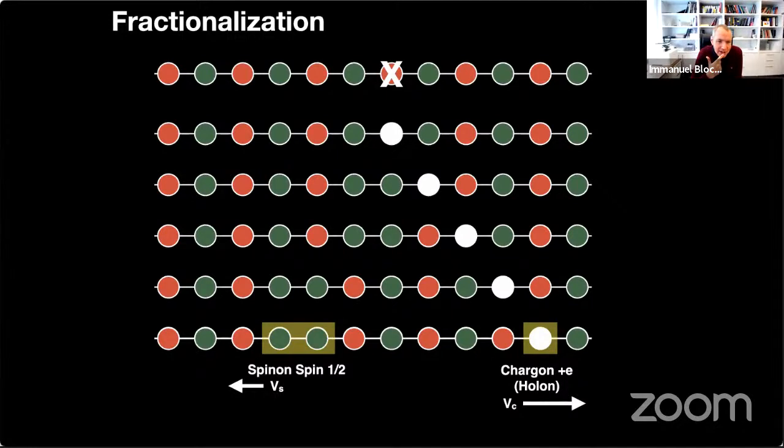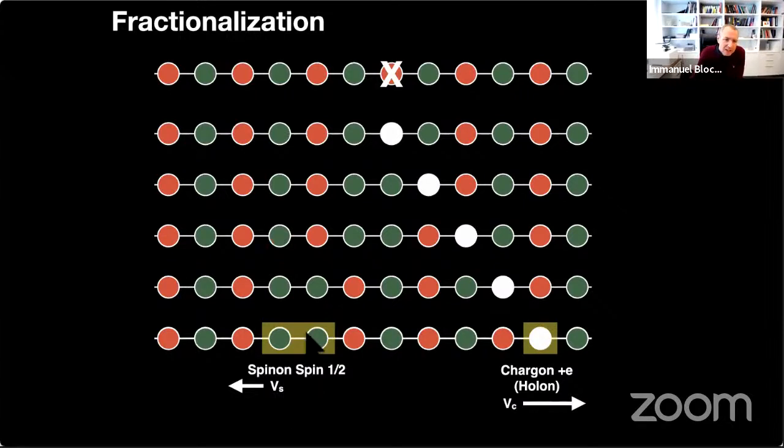And the tunneling strength, very good. Indeed, the tunneling strength will determine that. Remember, the time scale for hopping from one site to the next is given by h bar over t. So the larger my tunnel coupling is, the faster the hole will move. So the hole will move at a velocity which is given by the tunneling strength.